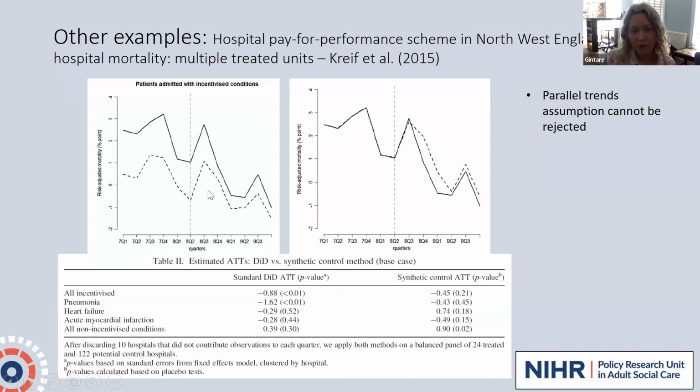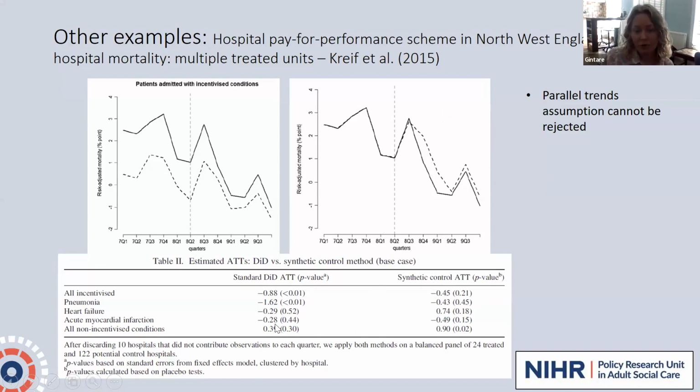And this is where the tests reveal that the parallel trends assumption cannot be rejected in this case. So something like a difference in differences estimate is actually applicable and could be well used for estimating the treatment effect here. And on the right-hand side graph is the proposed estimation of the synthetic control method and a suggested difference between what would have happened in the absence of the treatment.